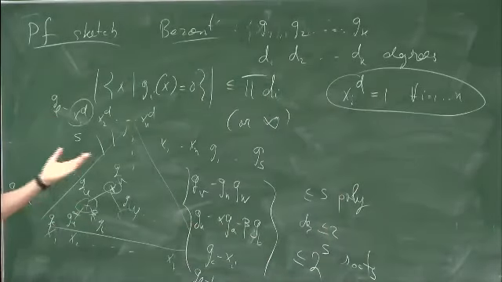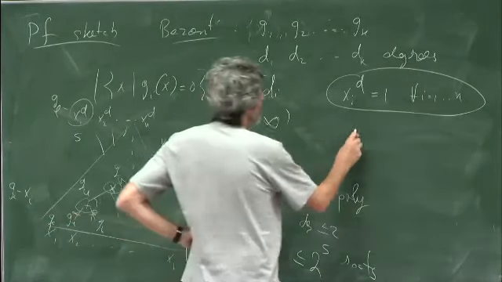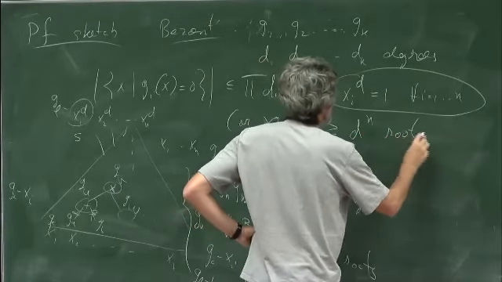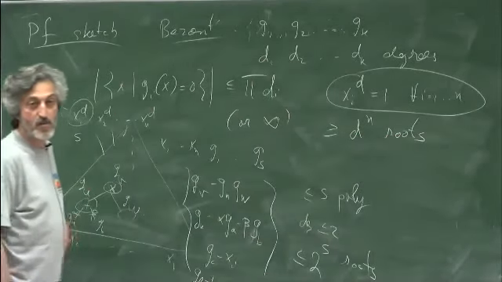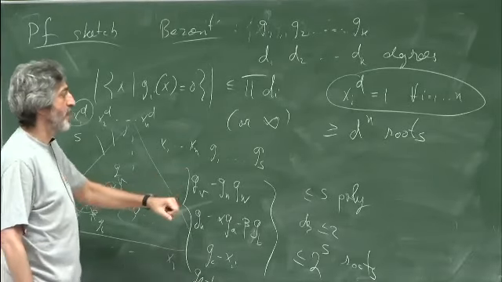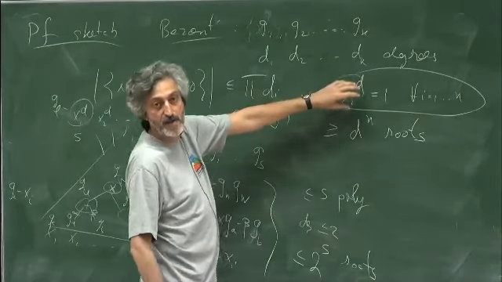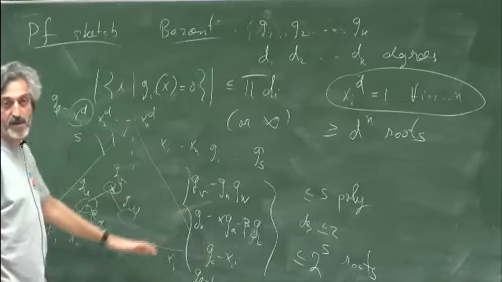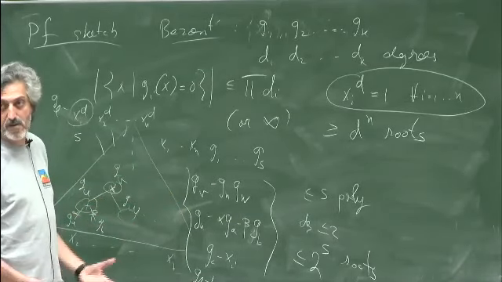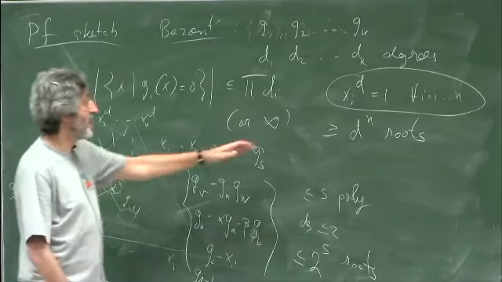Every one of these roots of unity, every one of these d to the n, so we have at least d to the n roots to this system of polynomials. And moreover, they are in one-to-one correspondence because once you set the values of the xi's, because the circuit is deterministic, you set the values of all the gates. So it's a finite number and it's at least this big.